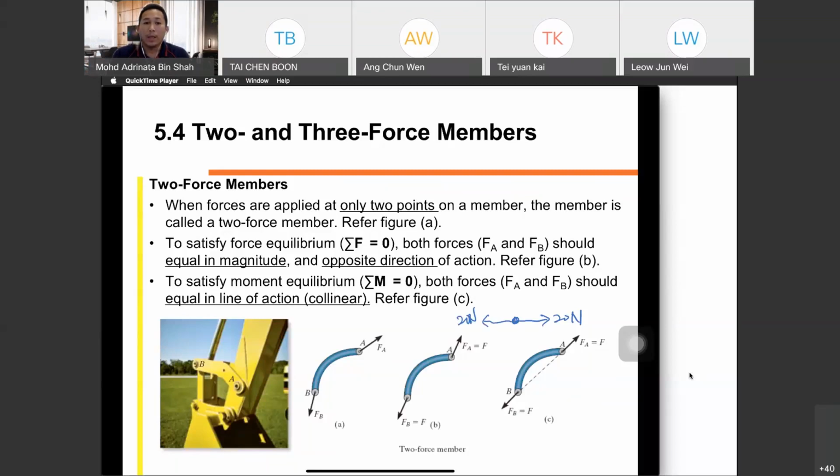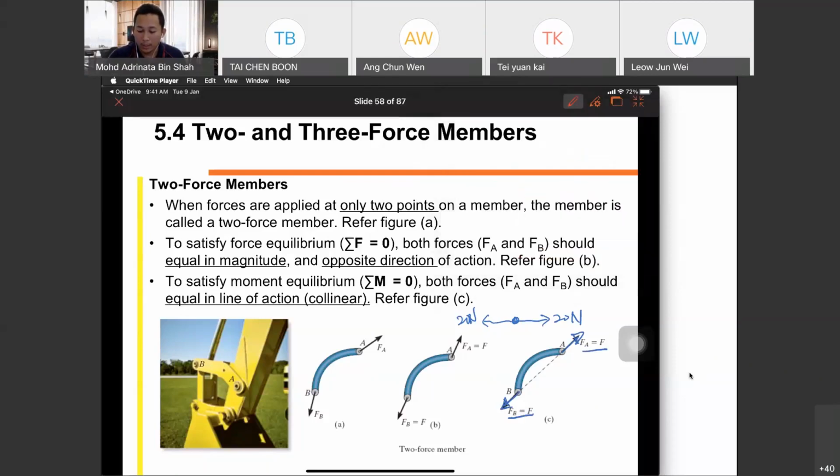To satisfy moment equilibrium, refer to figure B, FA equals F, FB equals F. So you need to have the same magnitude and the opposite direction of forces.